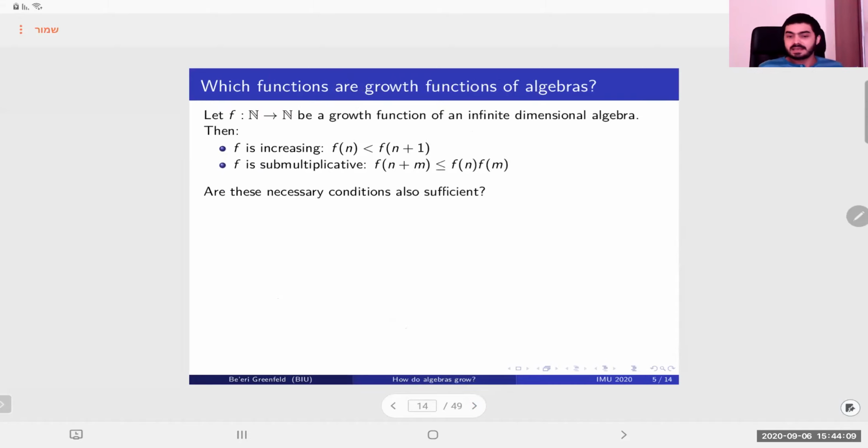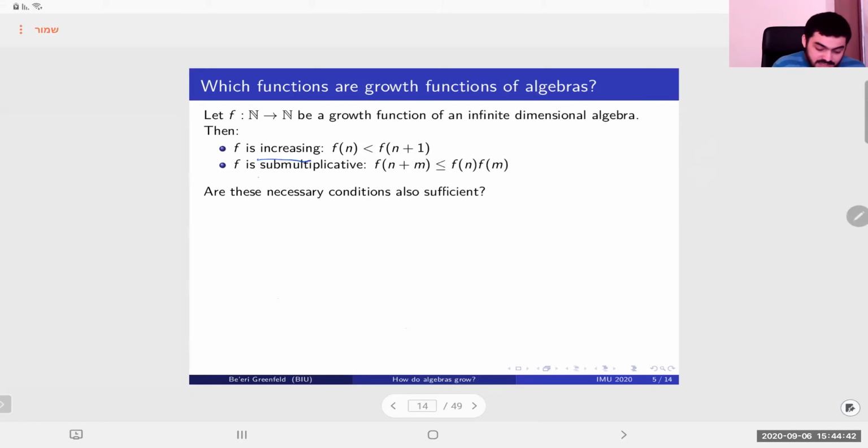So after this motivation, I hope we're now motivated to understand what growth functions look like. Or in other words, which functions are growth functions of algebras? There are two evidently necessary conditions satisfied by any growth function of a finitely generated algebra. The first is being increasing, and this is satisfied as long as your algebra is infinite dimensional, because otherwise you get stuck at some finite level and your dimension is finite.